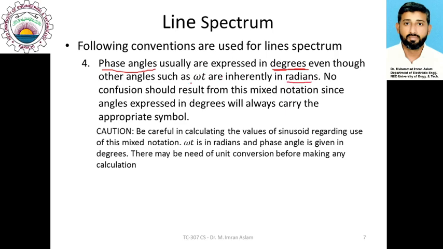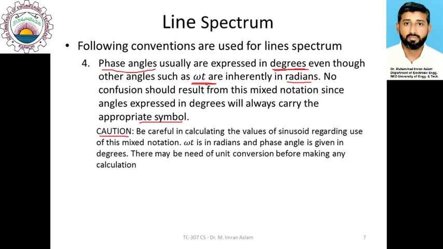For example, omega t also represents an angle, but this omega t angle is in radians. Of course, in the representation you would not feel any confusion, because we always use an appropriate degree symbol whenever we represent the angle in degrees.